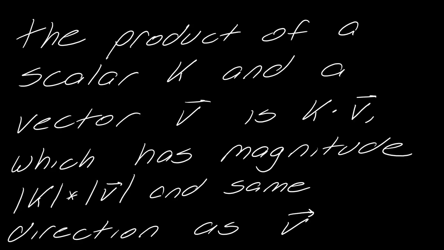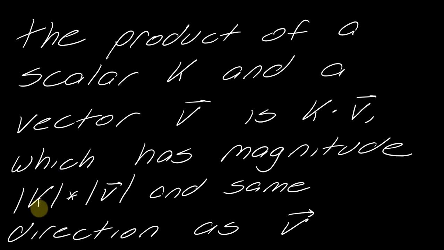Now the product of a scalar and a vector is represented like this. You have just a number times that vector, so k times vector v. You know it's a scalar if it's just a plain old number. When you multiply a scalar times a vector, it affects the magnitude.